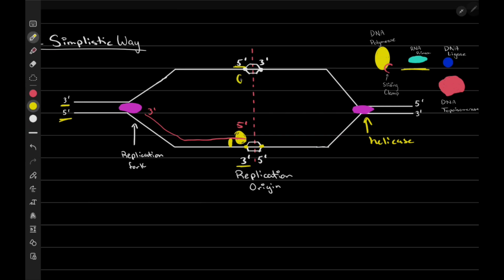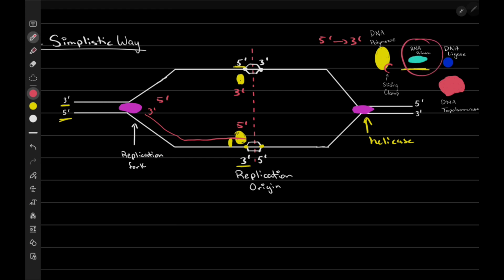However, over here, we also have DNA polymerase, but it has to build another strand, which is going to be 3' to 5'. But like we said, DNA polymerase can only build from 5' to 3'. So how can it do this? That's the tricky part.